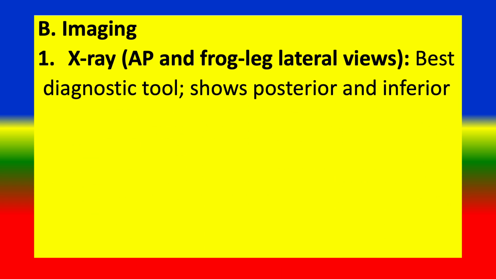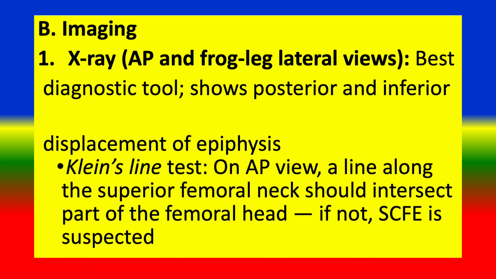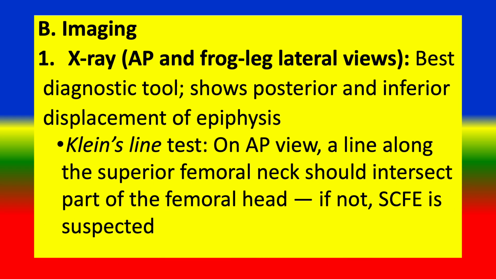Best diagnostic tool, shows posterior and inferior displacement of epiphysis. Klein's line test on AP view: a line along the superior femoral neck should intersect part of the femoral head. If not, SCFE is suspected.